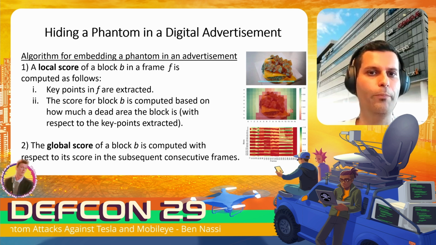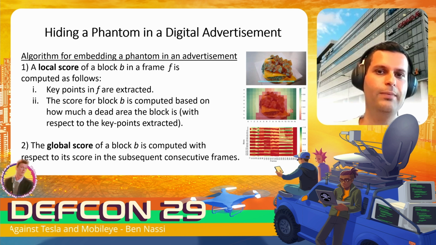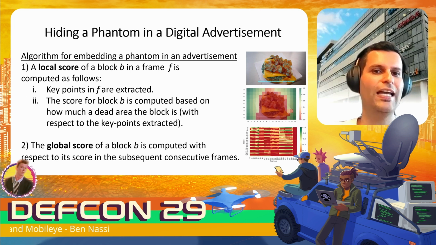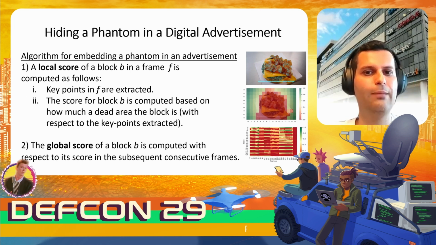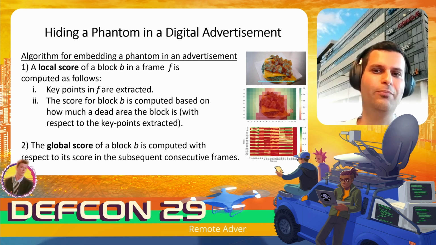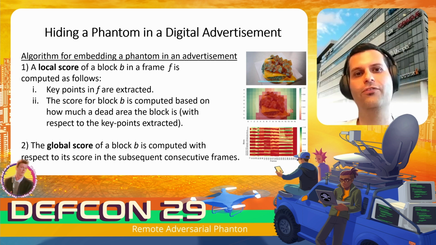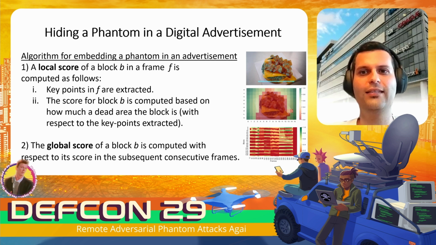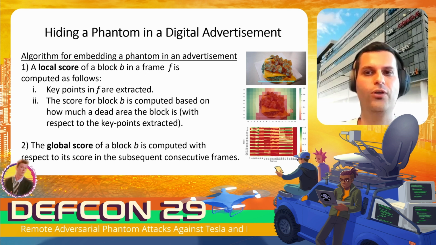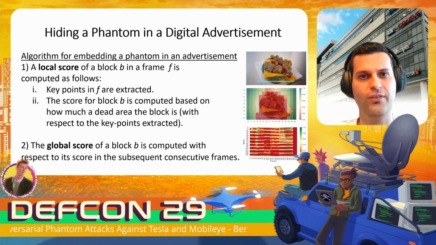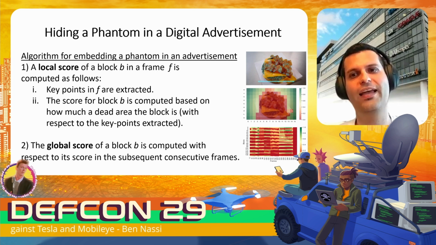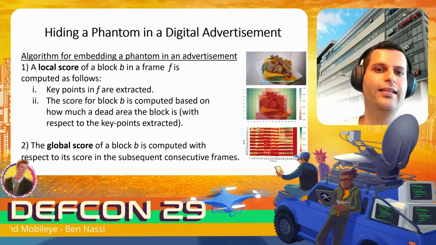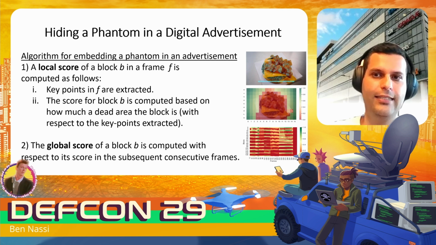And the score for a block B in this frame is computed based on how much of a dead area the block is with respect to the key points extracted. It means that blocks that are more distant from this set of key points will receive a higher score because they are considered more of a dead area inside this specific frame.